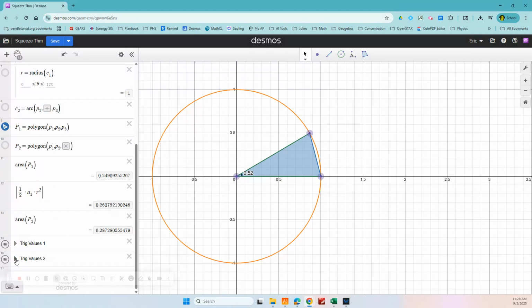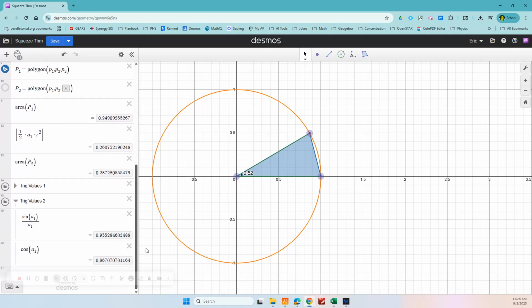And then finally, if you look at the final trig values that we came up with, we said sine theta over theta was trapped between 1 and cosine theta. And look what happens. As we drag this point down towards 0, notice that cosine theta is a little less than sine theta over theta, which is a little less than 1.